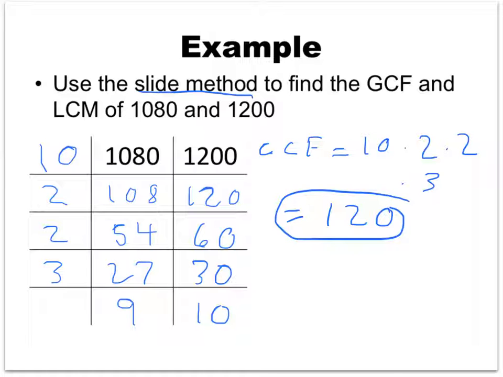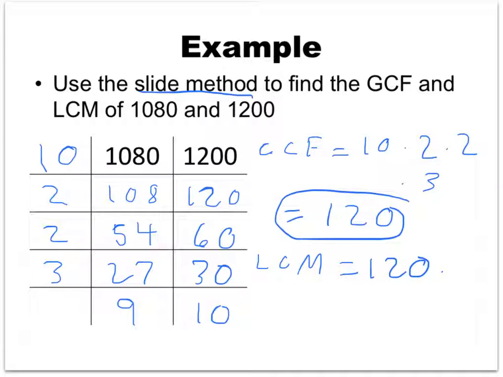Now, to find the least common multiple, I'm going to multiply these numbers here on the left and these numbers down here at the bottom. So our least common multiple is going to be, well, the product of these numbers here on the left is equal to 120, and then we're going to multiply this by the numbers down here.